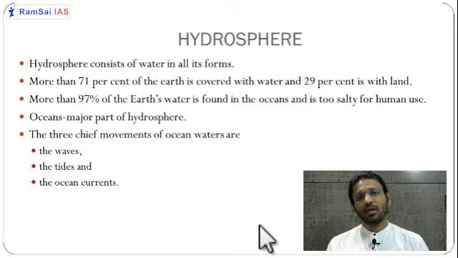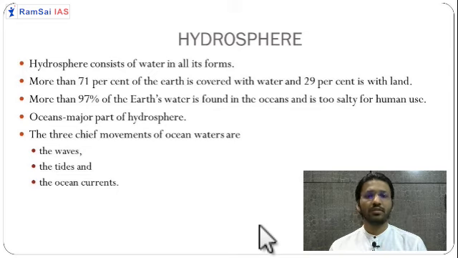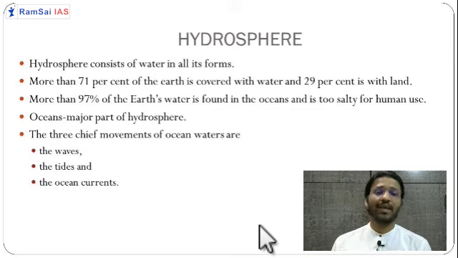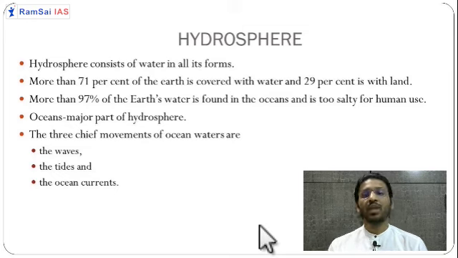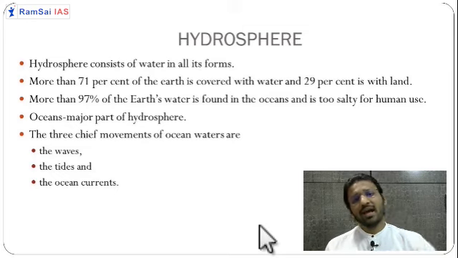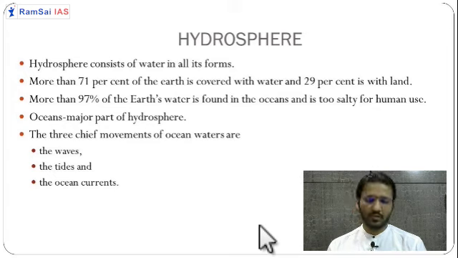So oceanic water is in continuous motion. It is not stagnant water. There are three types of motions: vertical motion, horizontal motion, and circular motion. Okay. So waves are the circular movement of the oceanic water molecules.